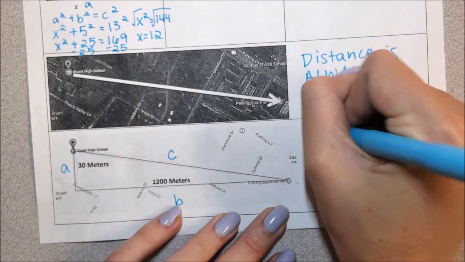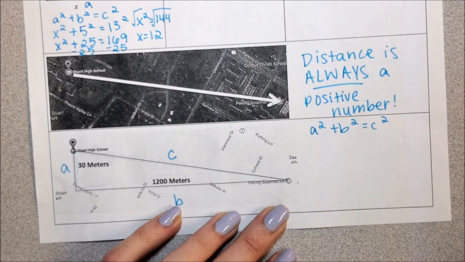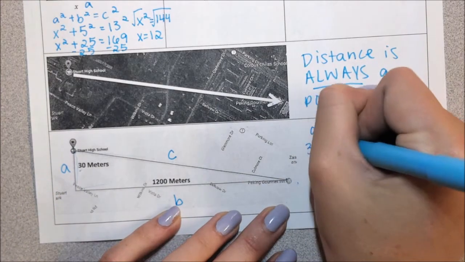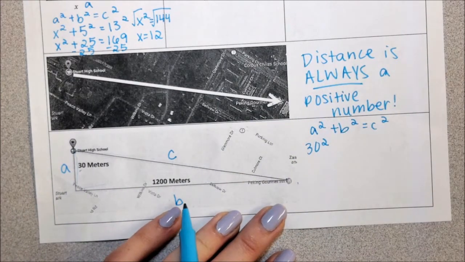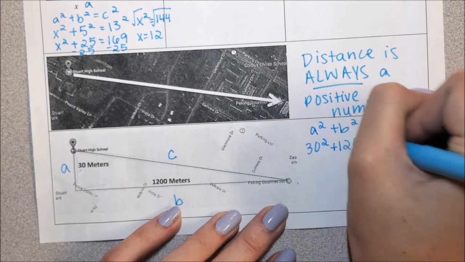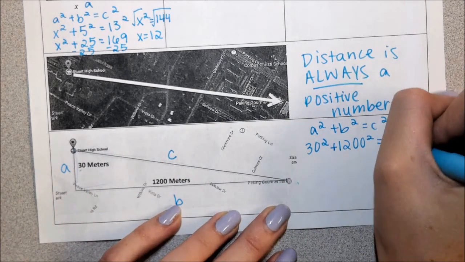So a squared plus b squared equals c squared. Our A here is 30 meters, so 30 squared. Our B is 1200, plus 1200 squared. And we don't know what that distance is, so I'm just going to leave it as C squared.